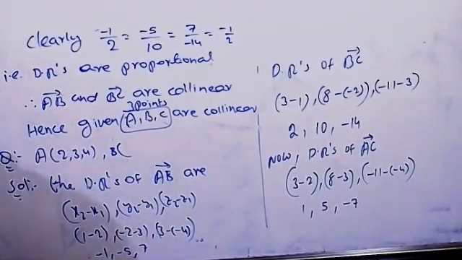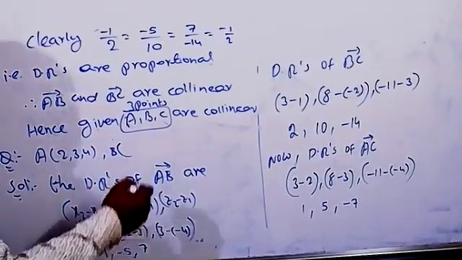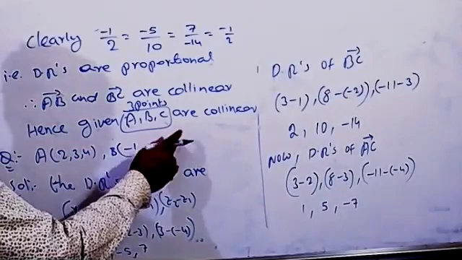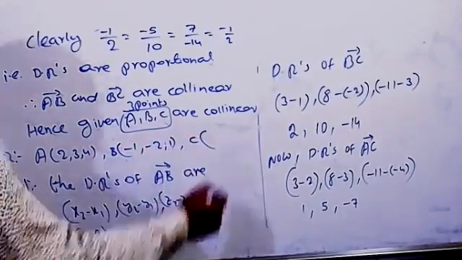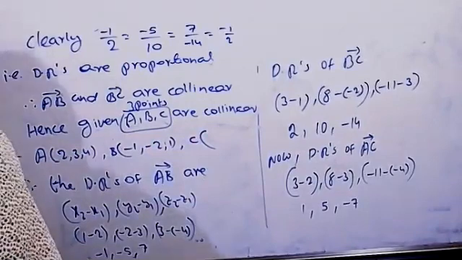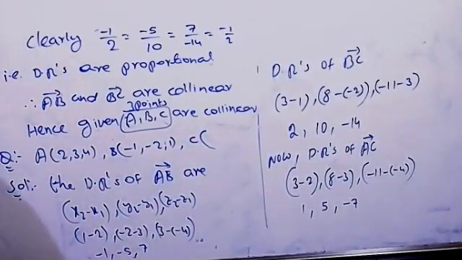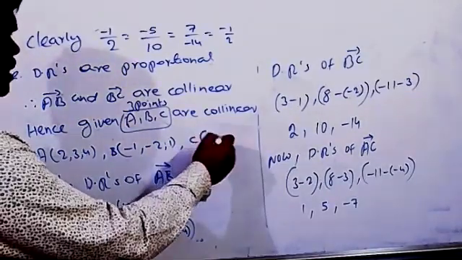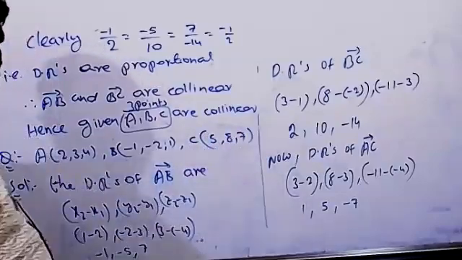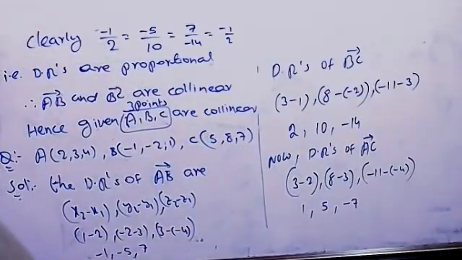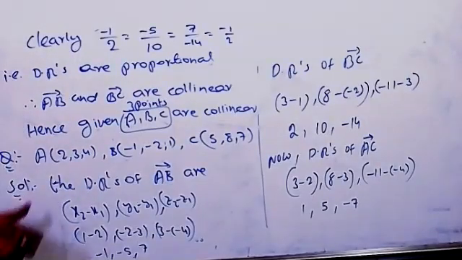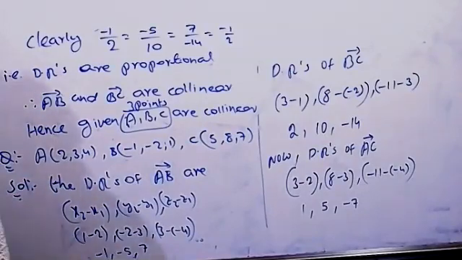The point B is minus 1, minus 2, 1, and point C is 5, 8, minus 7. These 3 points, you can show they are collinear by the method of direction ratios. This you can practice yourself. Second question, not now, you can do later.